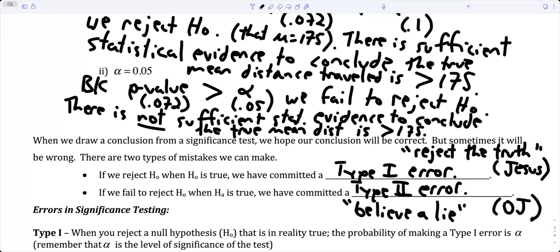However, the glove didn't fit, right? Therefore, the jury came back with the verdict that he was, no, we don't use that language. They came back with a verdict that he was not guilty. Therefore, the jury believed that he was not guilty when in reality, many people assumed that he was. So they believed a lie.